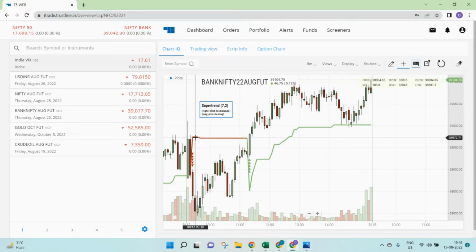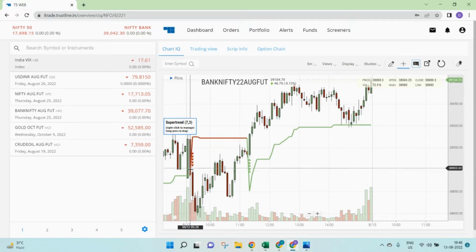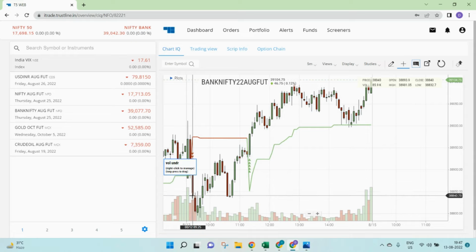What do I mean by differential delta? Suppose on the downside you are selling a call option of 0.5 or 50 delta. We will also sell a put option with a delta which is less than 50. It depends upon how much differential you want. Let's suppose we will sell the delta of PE as 40.